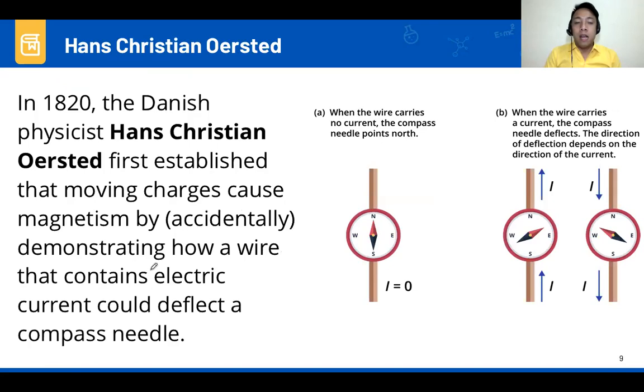This is just a story about magnetism. The Danish physicist Hans Christian Ørsted first established that moving charges cause magnetism, by accident.